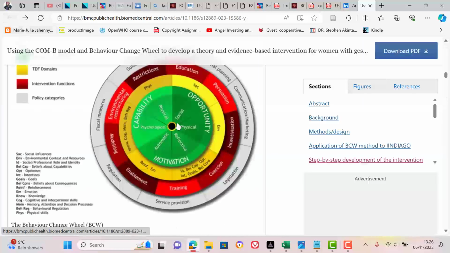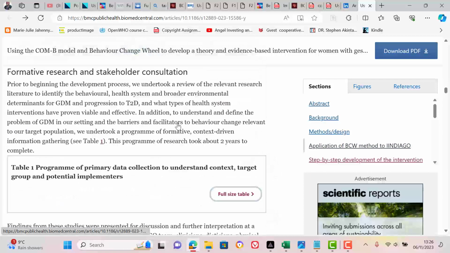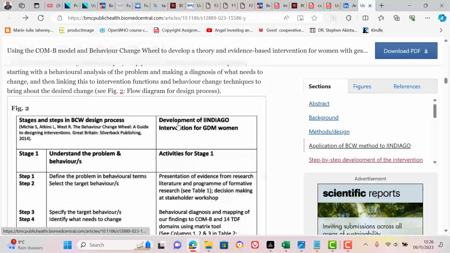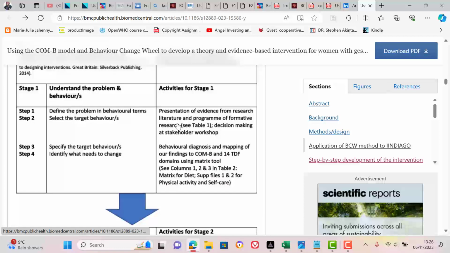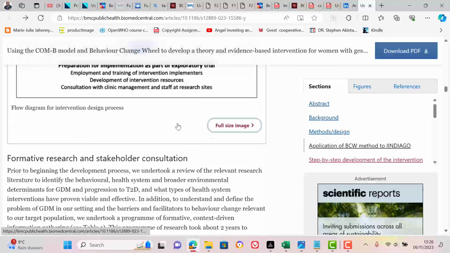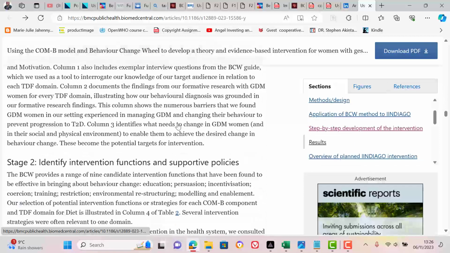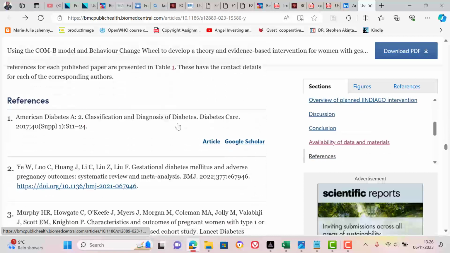Like we said, also, by the way, the steps that they utilized in the behavior change wheel process, they are all here, so you can also learn from them. I was trying to say something about the logic model.